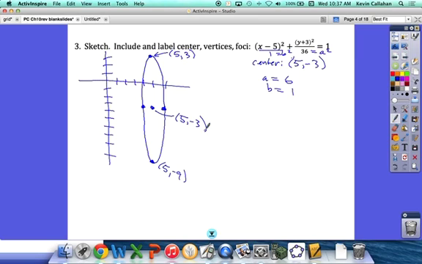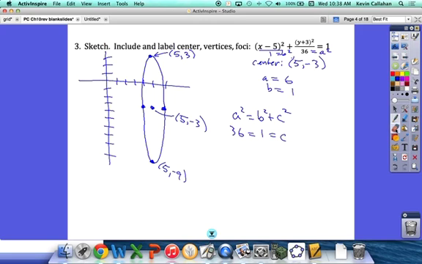And then how do I figure out where the foci are? We have a Pythagorean theorem looking kind of thing, which goes like this: a squared equals b squared plus c squared. And we know what the a squared and the b squared are, so we can solve for the c. a squared was 36. b squared was 1.